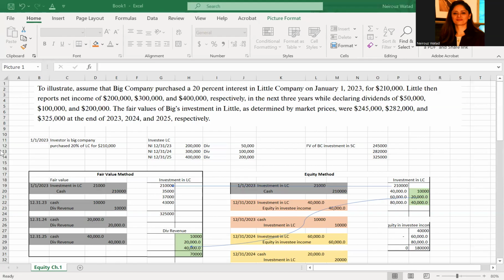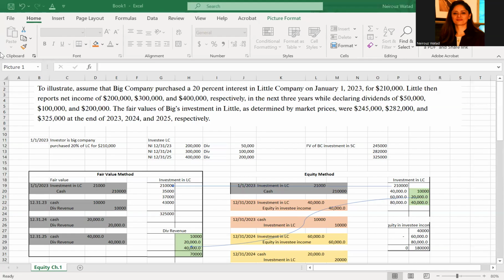So remember, between 20 to 50, we usually use the equity method because we believe that the investor has the ability to significantly influence the investee's decisions, the investee being the corporation that the investor owns 20 to 50% of. If it's below 20, then we will use the fair value method.